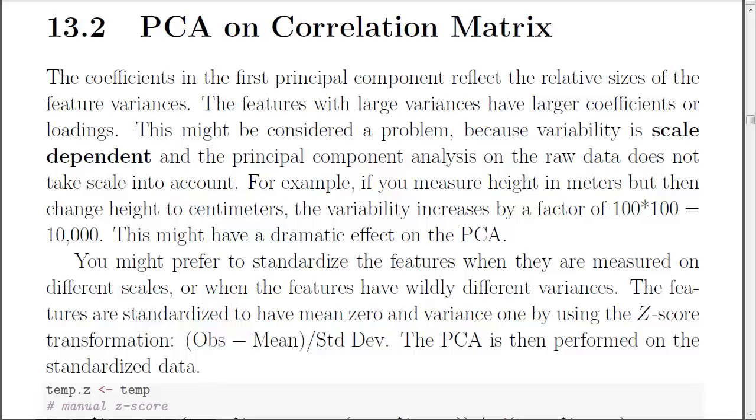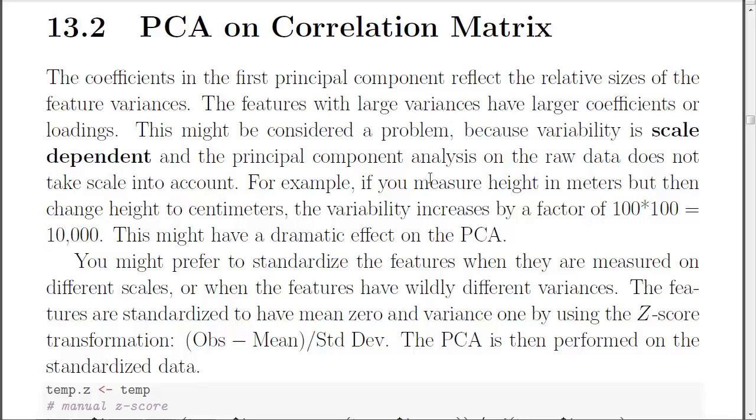However, the variability has increased by a factor of 10,000 because centimeters are 100 times bigger than meters, and the variance is a square of the original units. So we've suddenly made the variance of the height measurement much larger, and that particular variable then is likely to account for a large portion of the variance in our data.